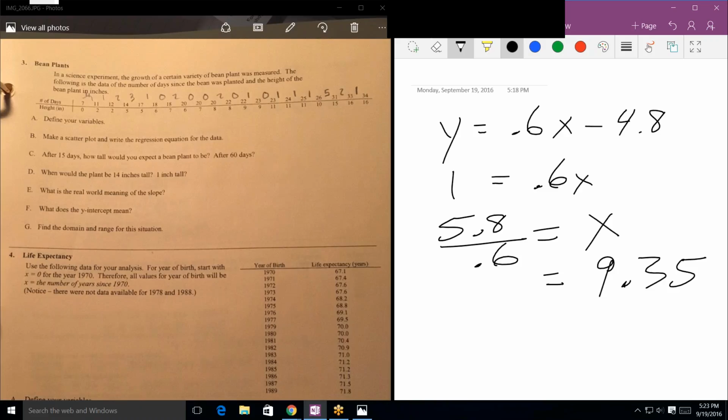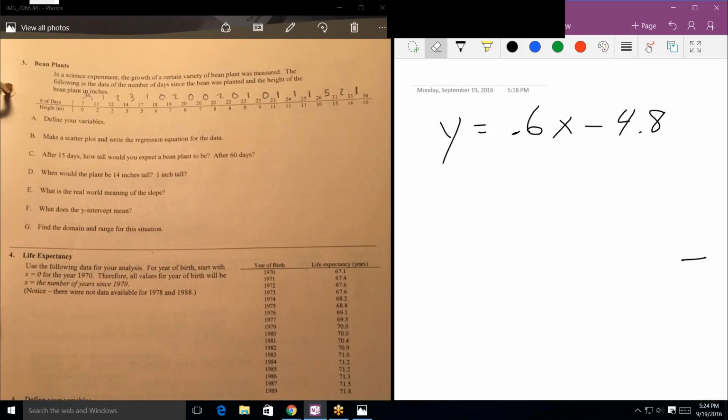What is the real world meaning of slope in this regard? Um, so like after X amount of days, at 7 days, the height of the plant is 0 inches. No? What's the definition of slope?